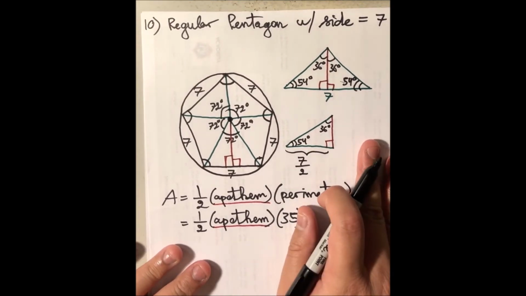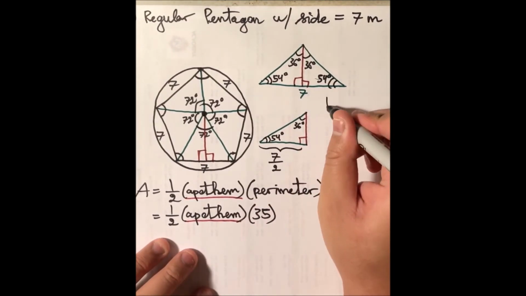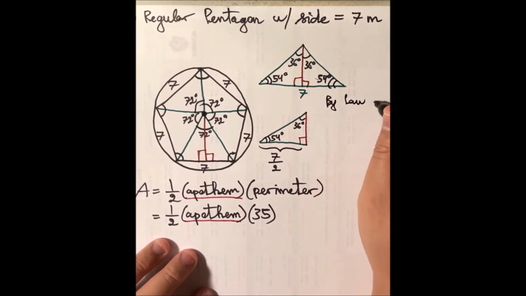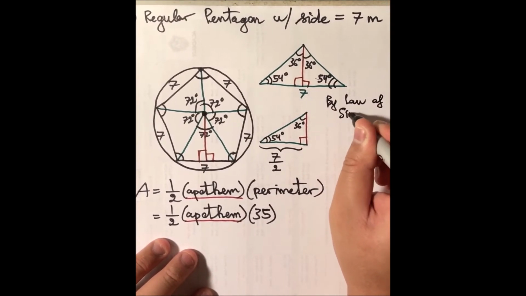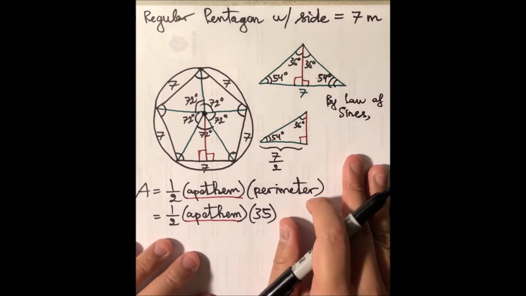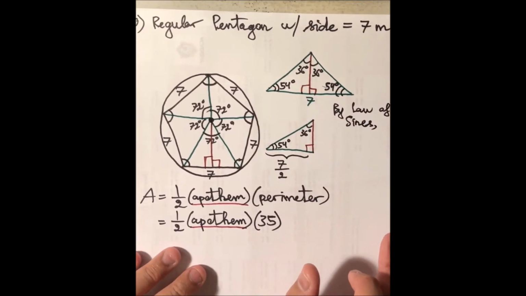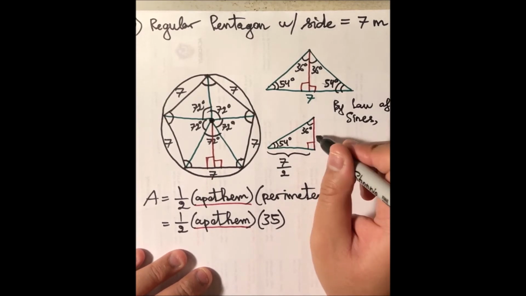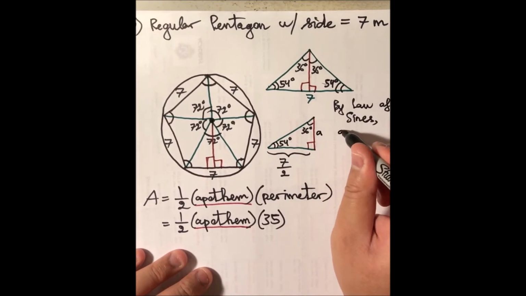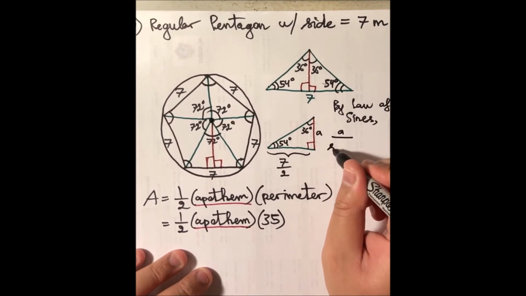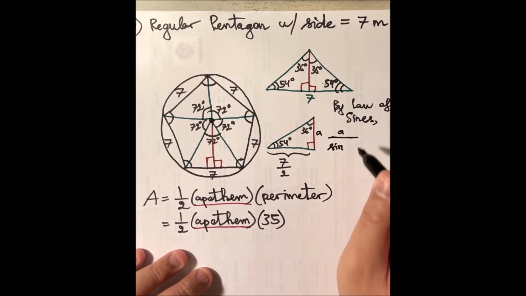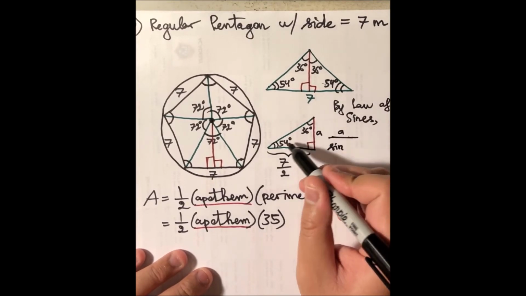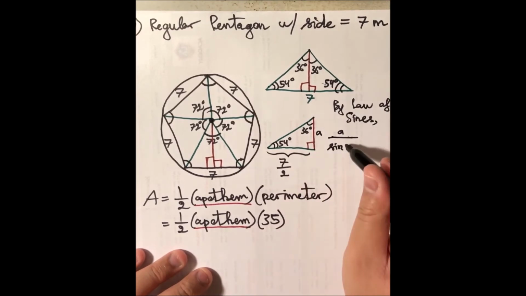We want to go ahead and use the law of sines. So by the law of sines, we get to set up a proportion, and the proportion is technically 2 fractions equal to each other. What are those 2 fractions? Well, one fraction is going to consist of the apothem, which I'm calling letter A. The apothem A divided by the sine of the angle that is opposite to the apothem, which is 54 degrees.